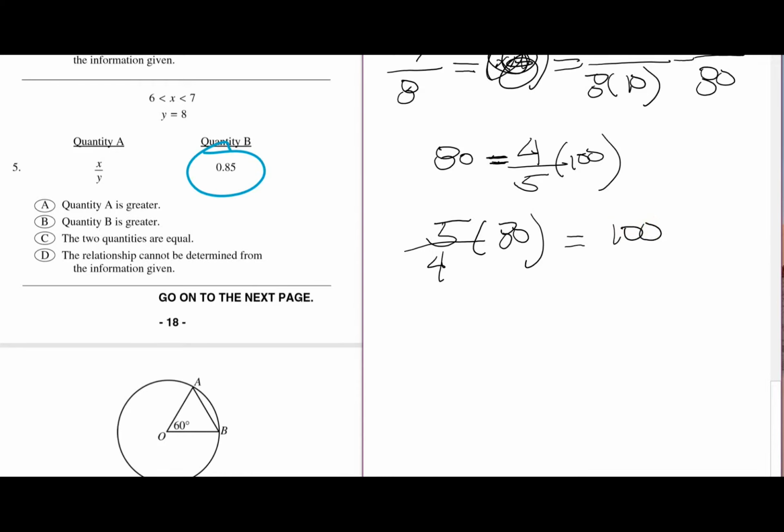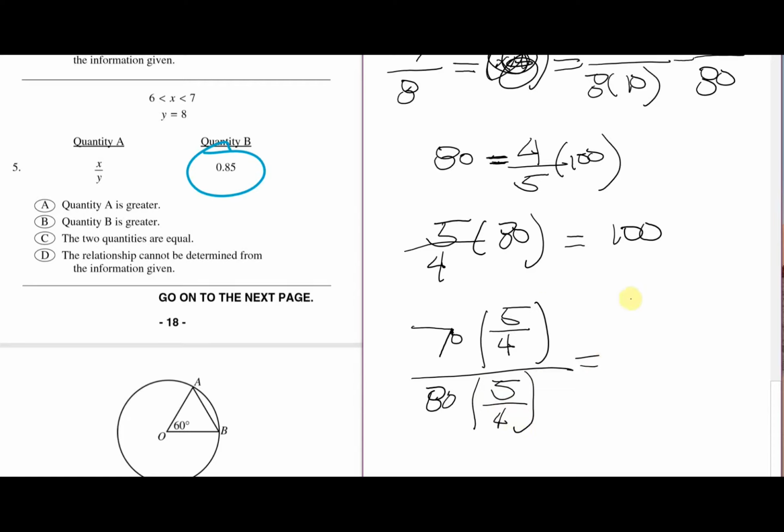So you divide both sides by 4/5, you get 5/4. So now the logic is you take 70 times 5/4, and multiply 80 by 5/4, and you know the bottom is 100. So the top is 70 times 5, which is 350 over 4 times 100, so this is going to be 350 over 400.